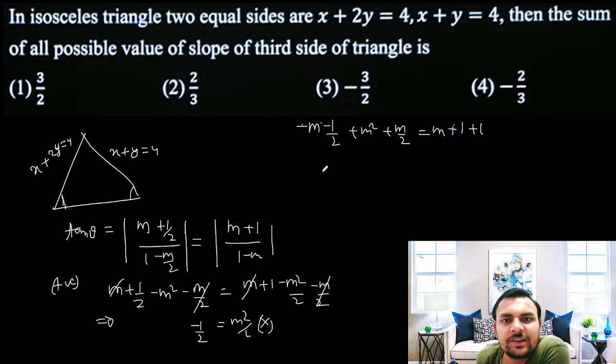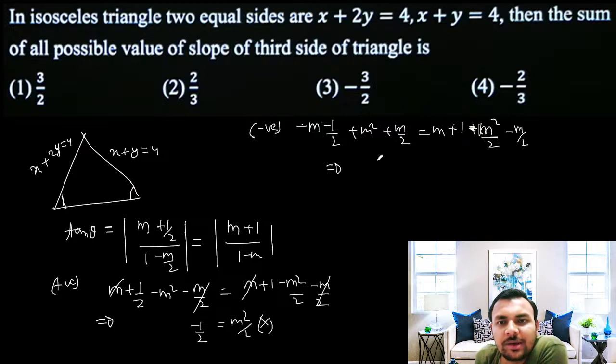So the second time, when we open with negative, we multiply with minus, and here m plus 1 minus m square by 2 minus m by 2.